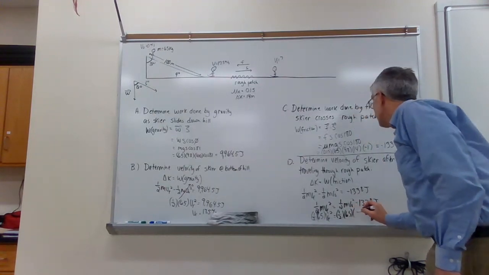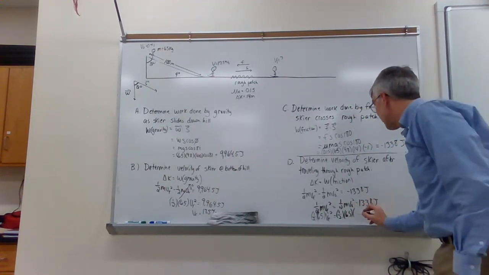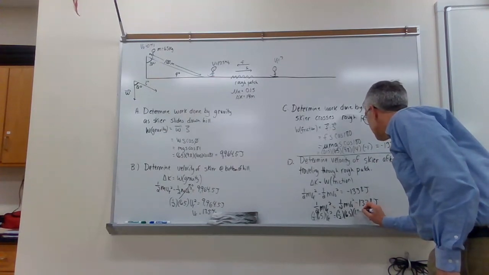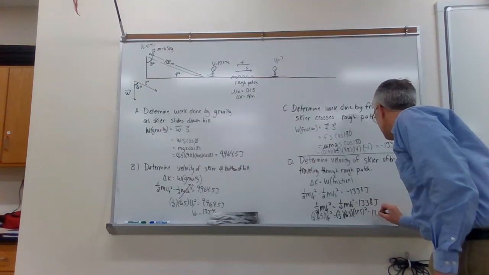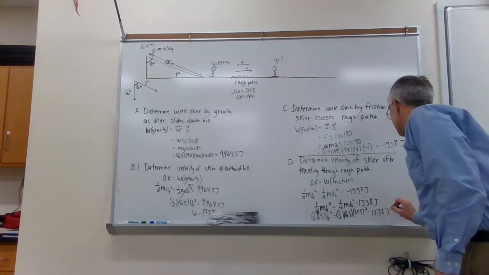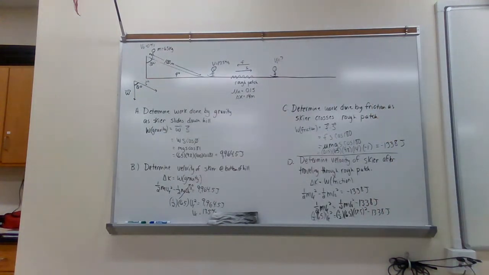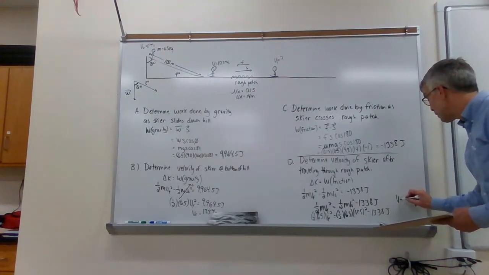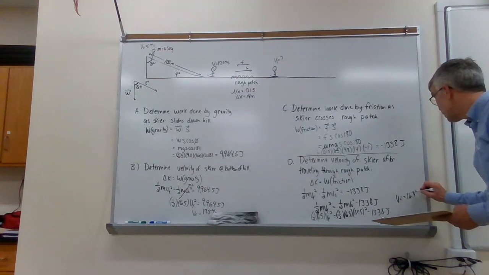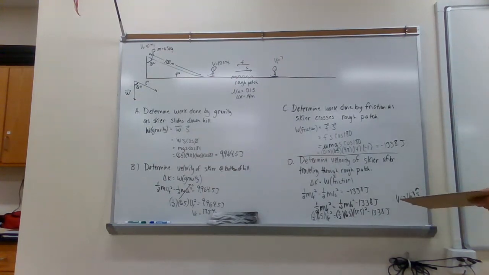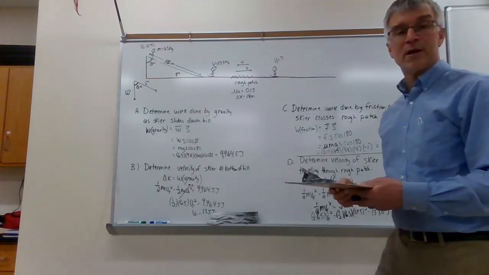So V0, we said, was 17.5. 17.5 squared minus 1,338 joules. I did all the math, and I got Vf is 16.3 meters per second. You can do the math too to convince yourself that I did it correctly.